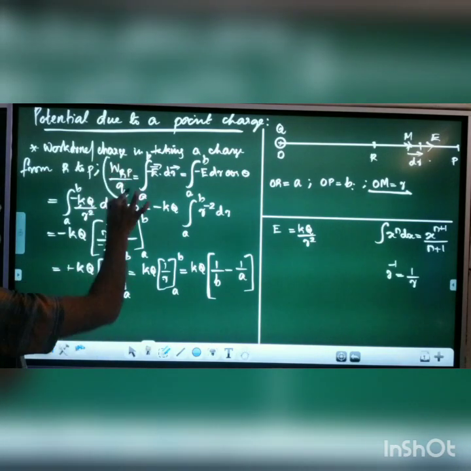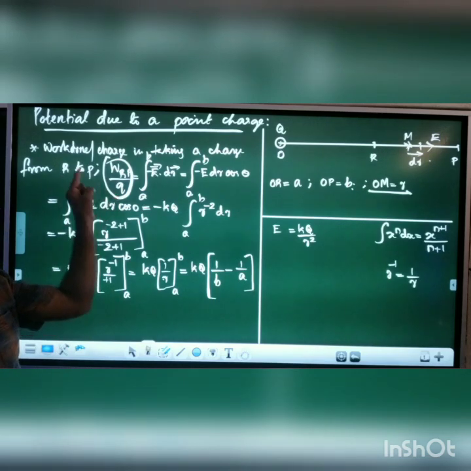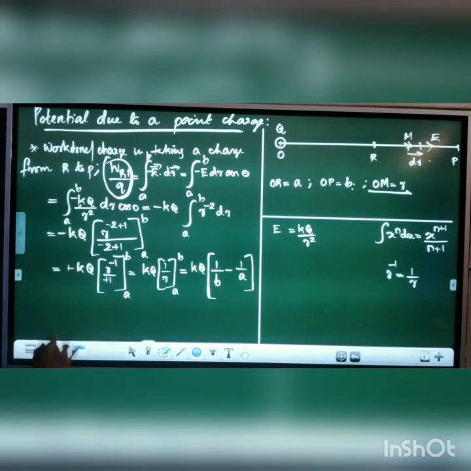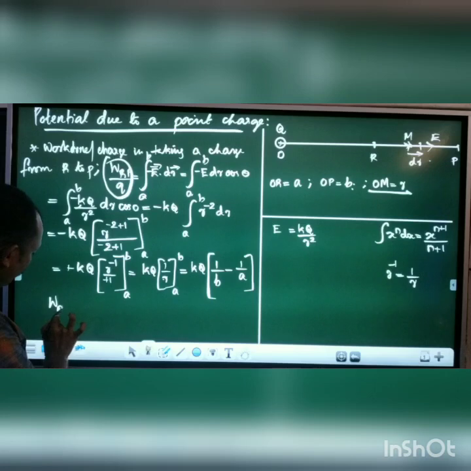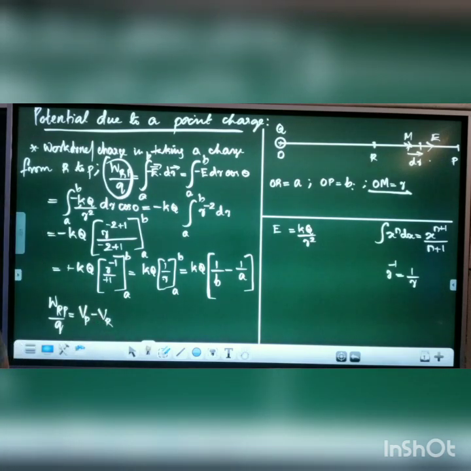Actually, what is W_RP by Q? In yesterday's class we learned it in terms of the electrostatic potential. W_RP divided by Q is learned as Vp minus Vr, is it not?